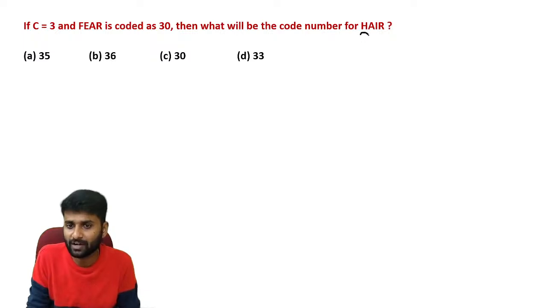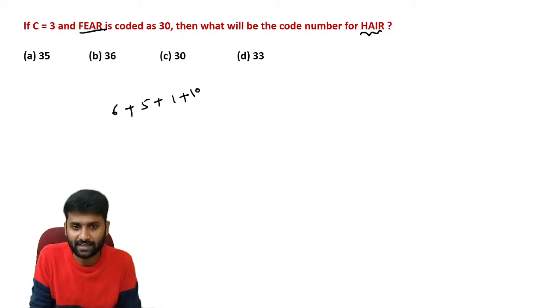What about the code for A? Guys, verify here: sixth letter, fifth letter, first letter, 18th letter. What is the sum of those? The sum becomes 30.